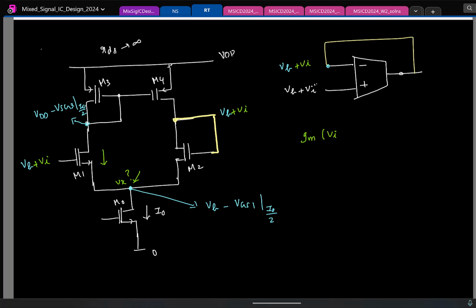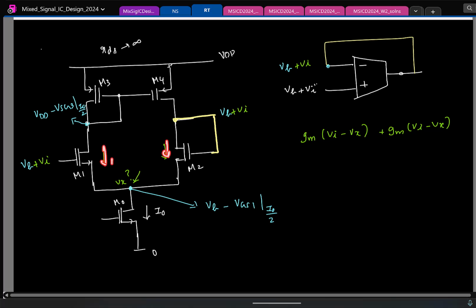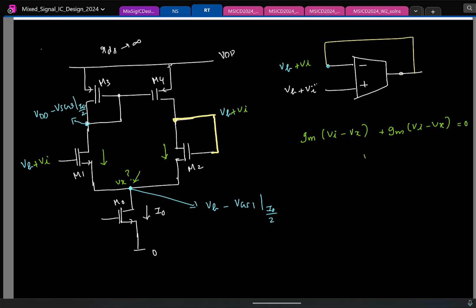Gm into Vi. What is the current here? Same. Sum of these two currents must be equal to this current. And what is this current? 0. So what is Vx? Right? So I know that this potential is Vi, so I will directly add. Okay.